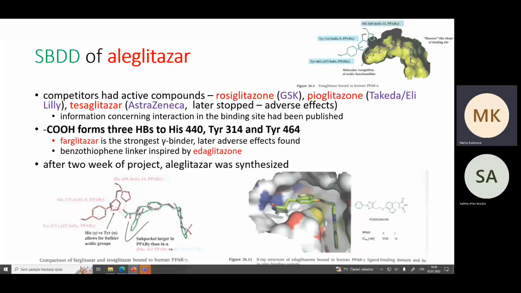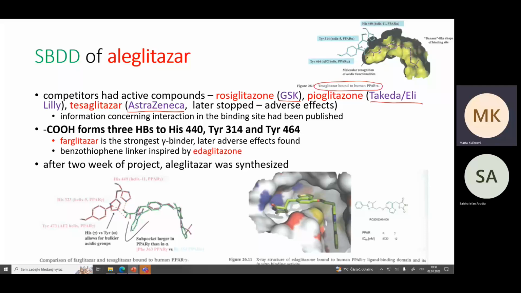So Boehringer started with several points because there was plenty of information known from the competitors, like the other pharma companies, for example, from GlaxoSmithKline on rosiglitazone, then from Takeda and Eli Lilly on pioglitazone, and from AstraZeneca on tesaglitazar, which was later stopped due to some adverse effect.